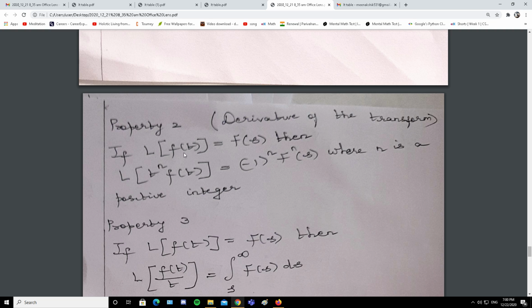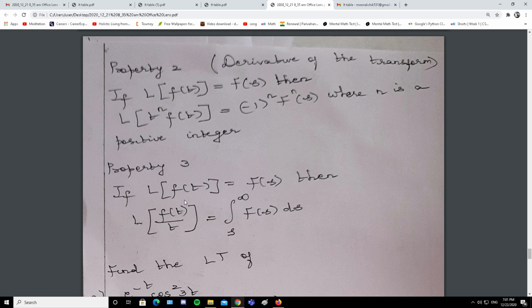F n of s means the nth derivative of f of s. Positive integer means n starts with 1: f dash of s, f double dash of s, f triple dash of s, and so on.